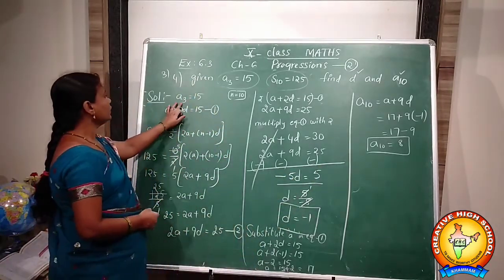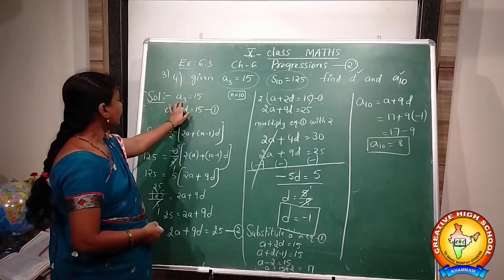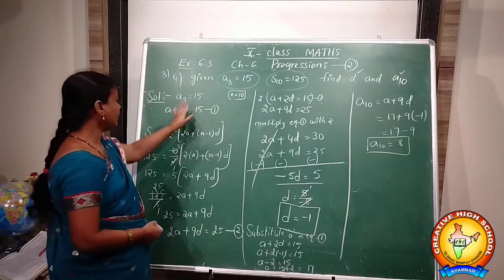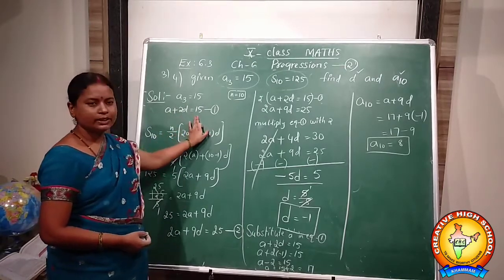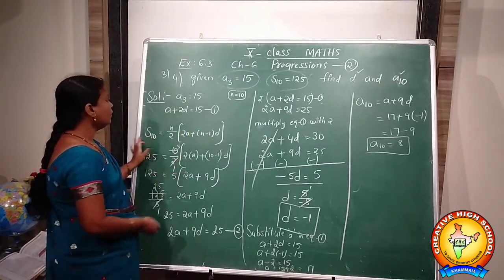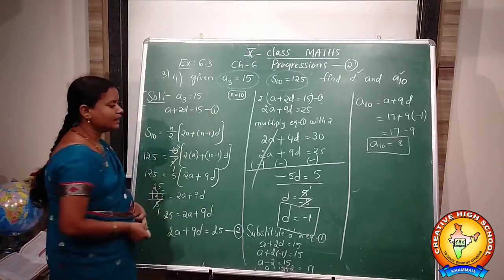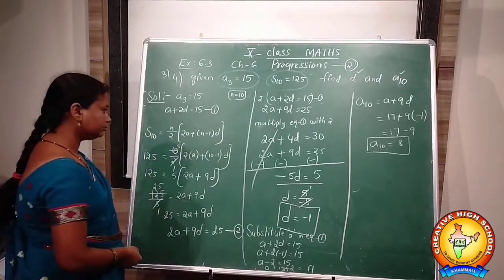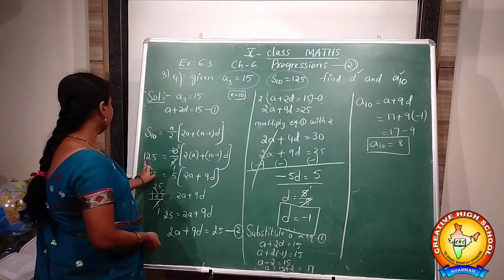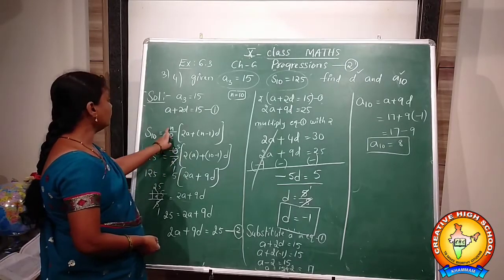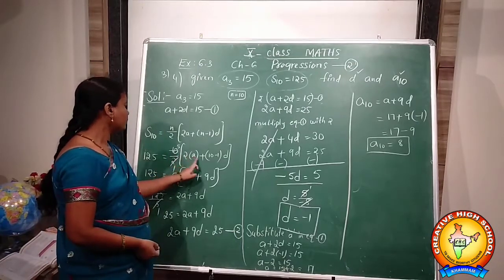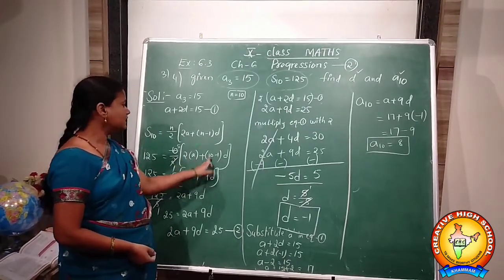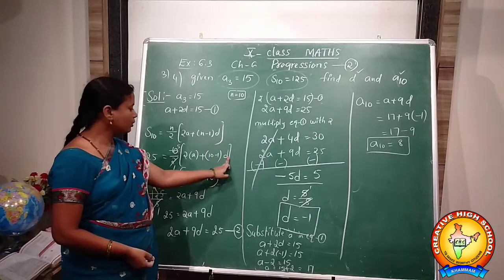See here, a3 is given. a3 is equal to 15. The a3 formula is a plus 2d, so a plus 2d is equal to 15. Let us take this as equation number 1. Next, 125 is equal to 10 by 2 into 2a plus 10 minus 1 into d, since n value is 10.